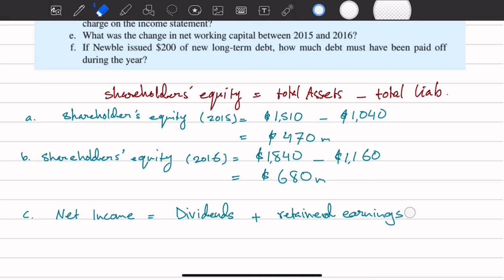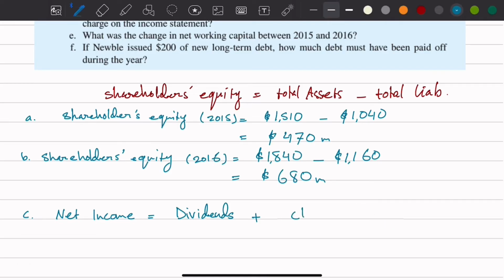It's better to just word it as the change in shareholders' equity.